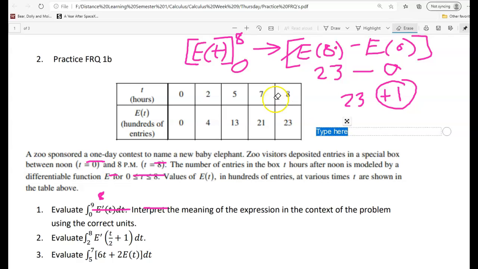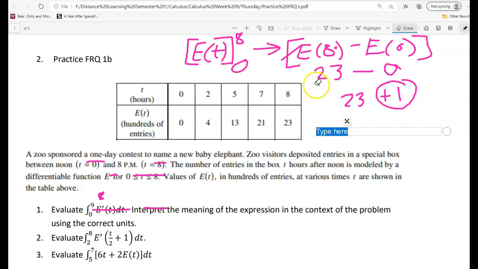Since these are E values, this represents an E value, 23, in hundreds of entries. So we're talking about the number of entries that were given to name this baby elephant.